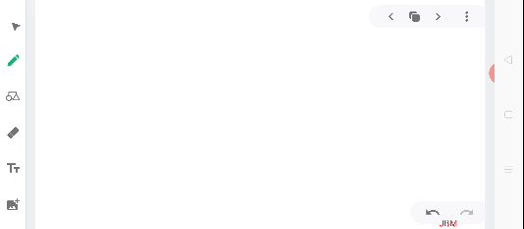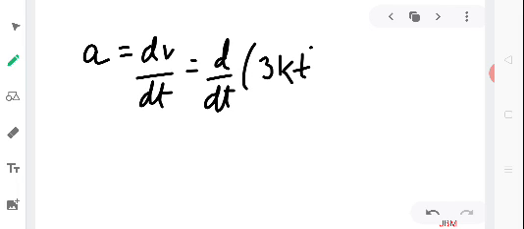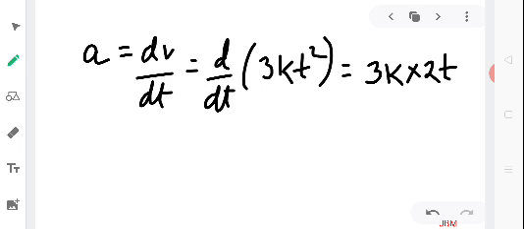Now let's find out acceleration. Acceleration is given by a equal to dv by dt. Just now we have obtained an expression for v, and that came out as 3 k t square. So that will be equal to how much? We can keep out 3, it is constant, k is constant, and for t square, the differential will become 2t. So that will give us 6 k t.